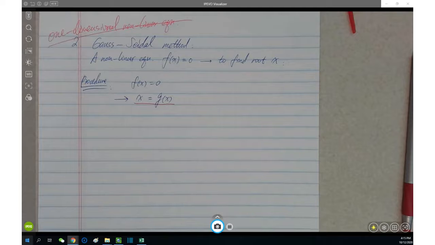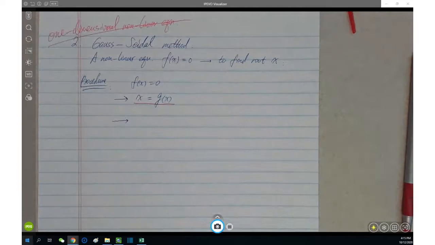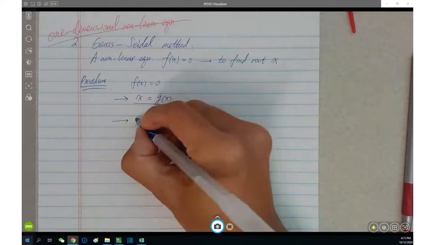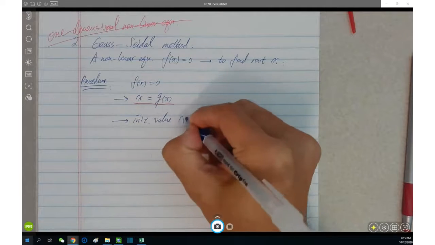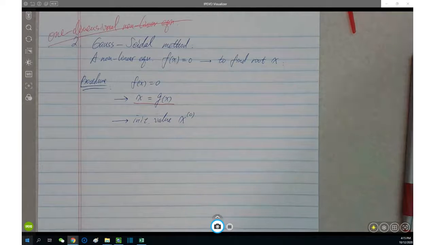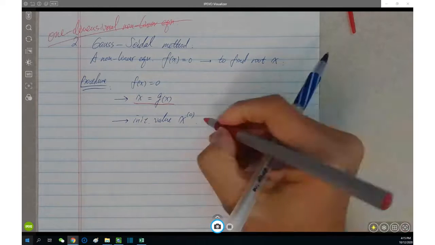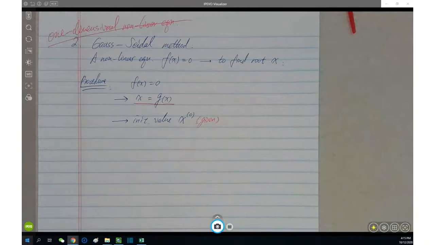But this is our first step, based on which we need to do what? An initial value x of 0. In this particular class, it's not math 341, so the initial value is given.